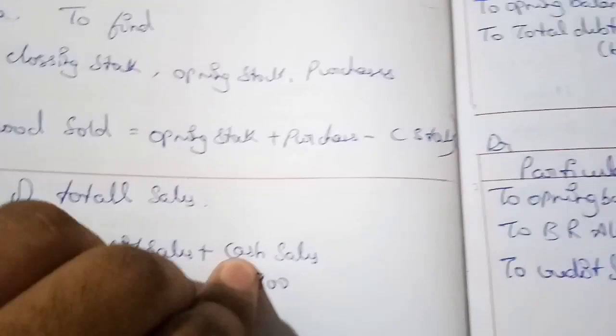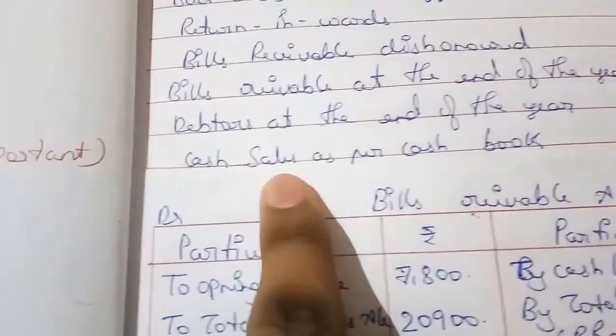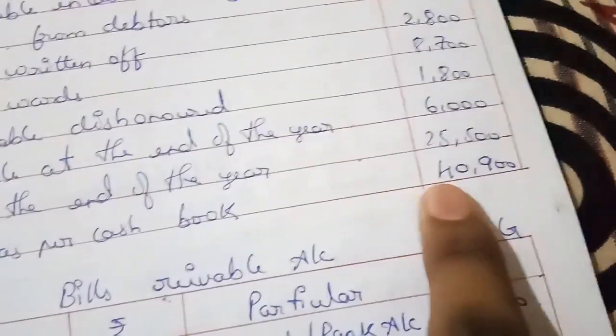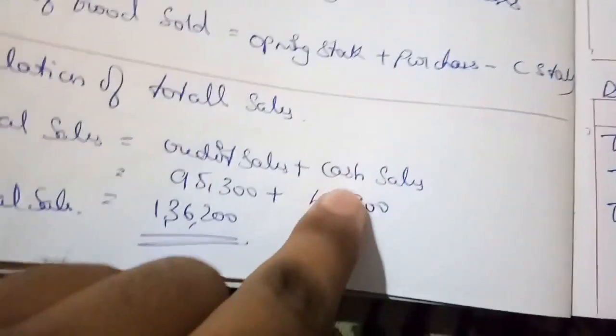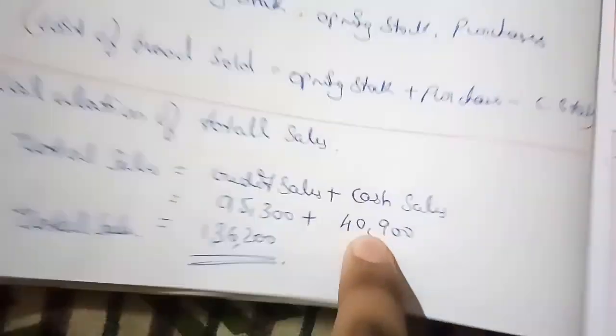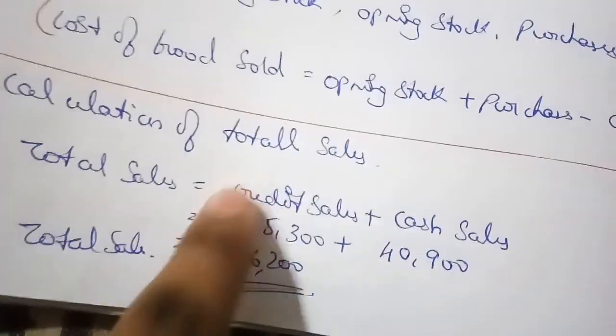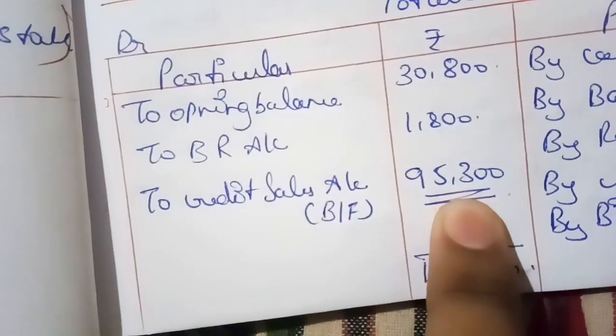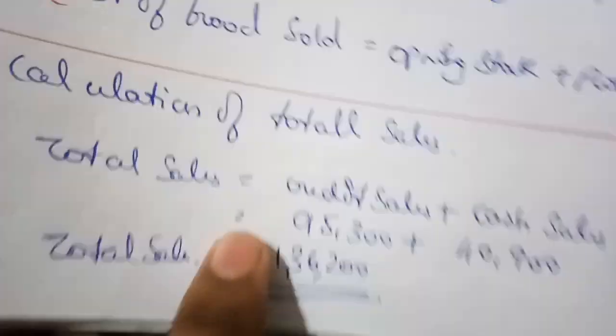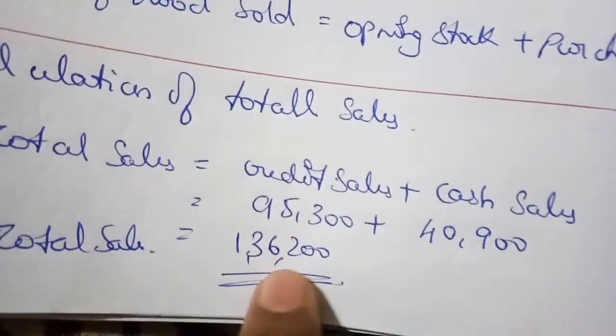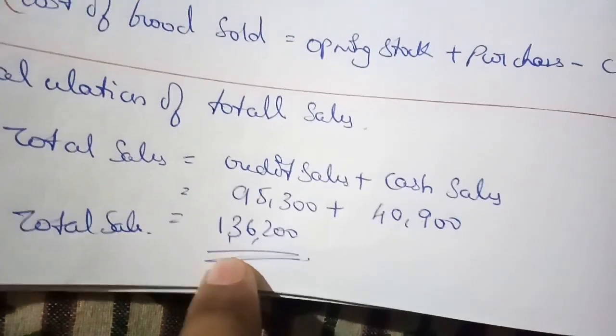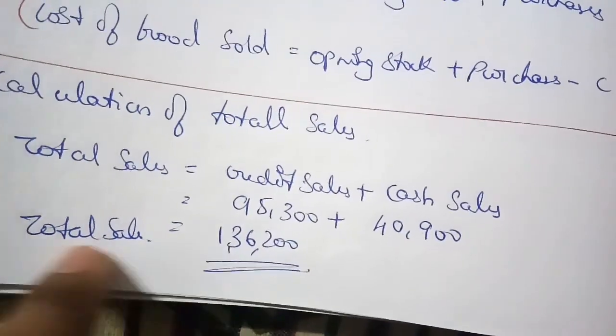So cash sales we got from here. Cash sales as per the cash book is 40,900, which we have written here. And credit sales we have found out just now, 95,300, which is here. And we have found this as 1,36,200 as total sales.